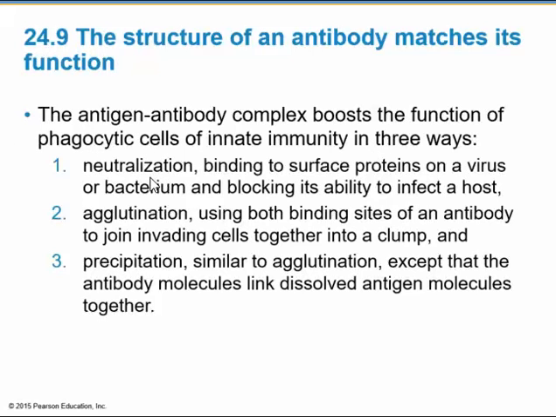Well, number one, the antigen-antibody complex neutralizes the pathogen. And then it causes a clumping response, where the antibodies clump with the foreign invader. And this causes it to form lumps, sort of like clots, which speeds up the phagocytic response.